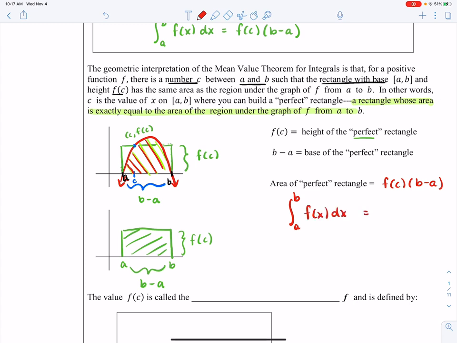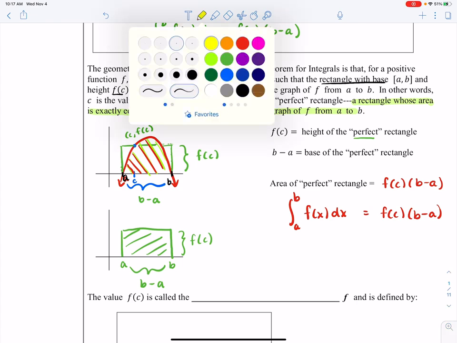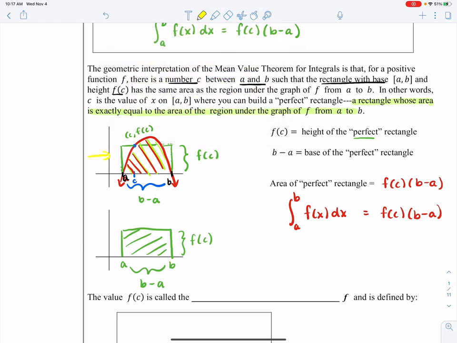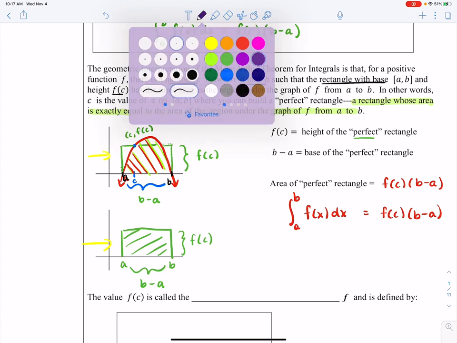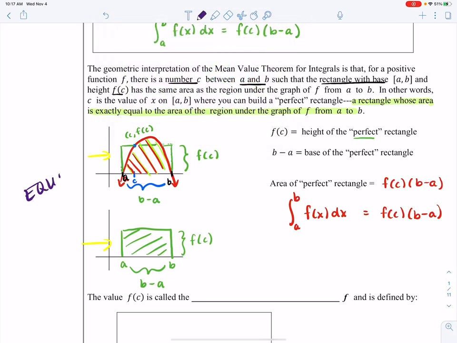And now I'm saying that these two things are equal to each other, okay? So I am saying that this area and this area are equal. So here is my area under the curve, and here is my area of the rectangle.